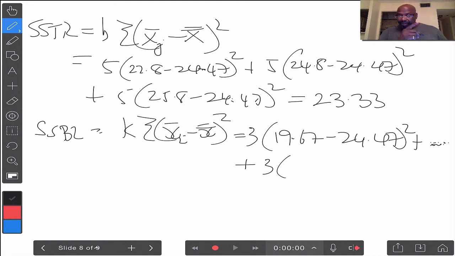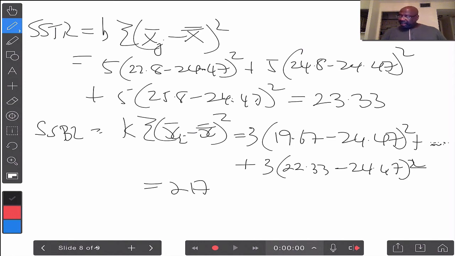You just have to repeat that because remember we already have all the 5 block means. 22.33 minus 24.47 squared. And that gives us a value of 217.